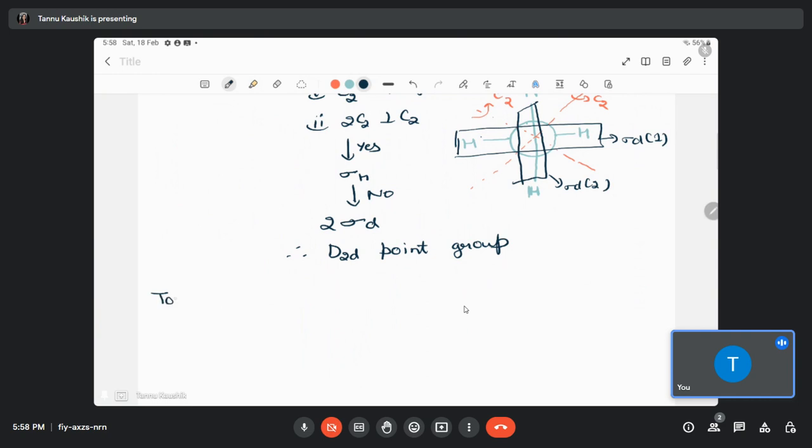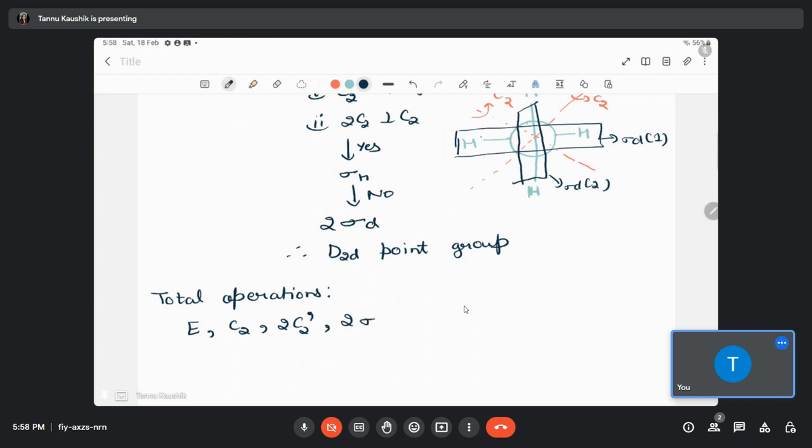So what are the total operations we have in this molecule? We have identity operator, C2 axis of rotation, and then two C2 axis of rotation perpendicular to it.